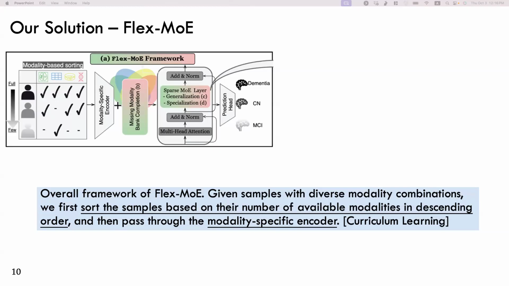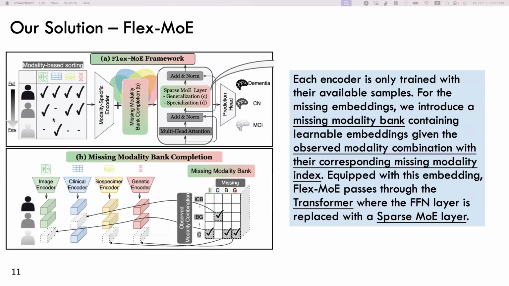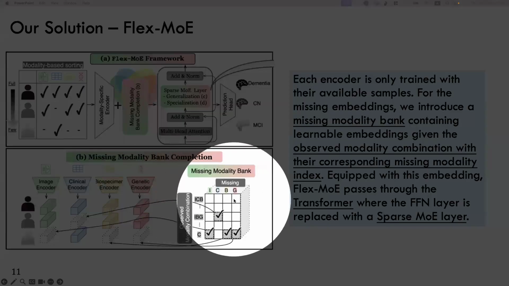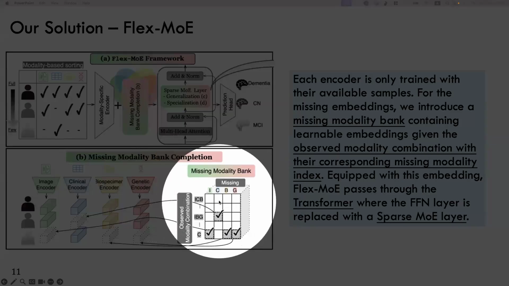Actually, we borrow these ideas from curriculum learning, basically trying to let your model learn from easy samples to harder samples. In the second design, we will create a missing modality memory bank. For each missing scenario, for example, ICB means the genetics modality is missing, so we will create a row here and learn some embeddings for this scenario.